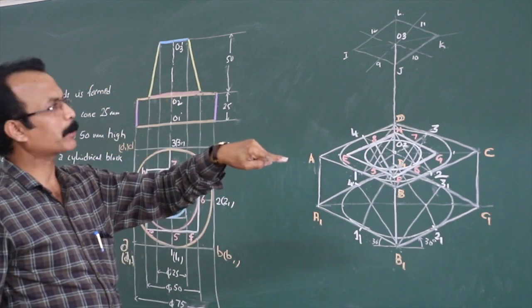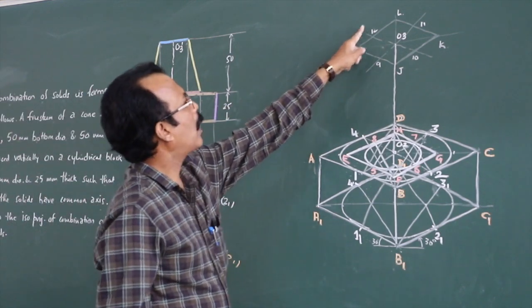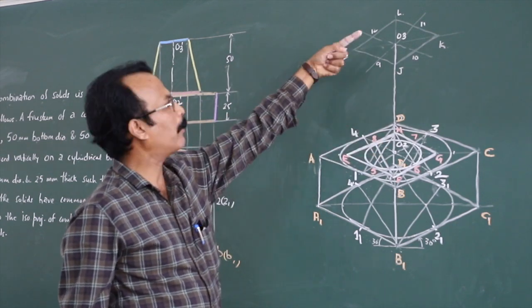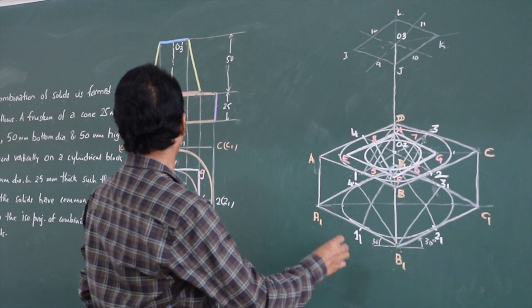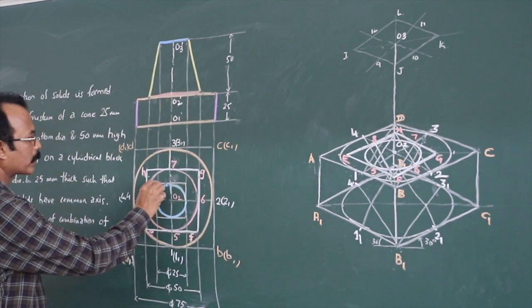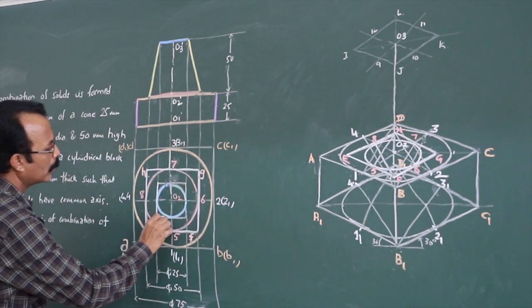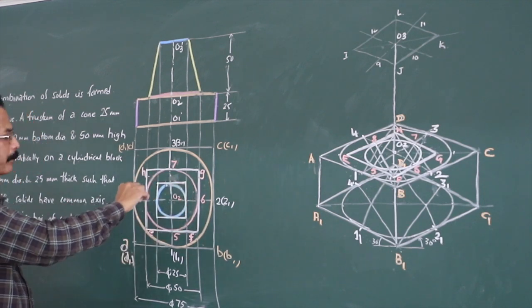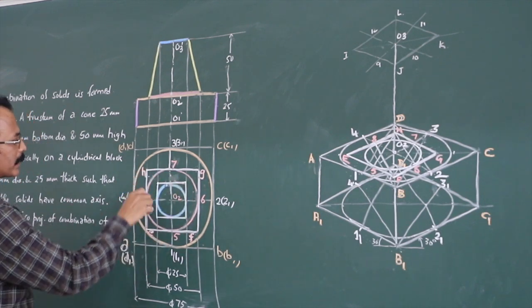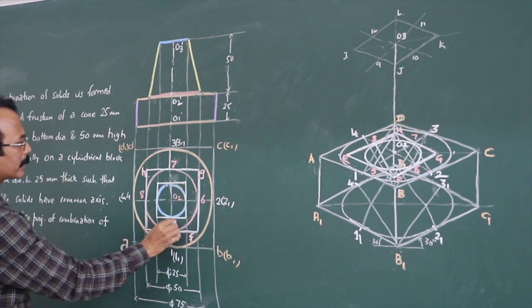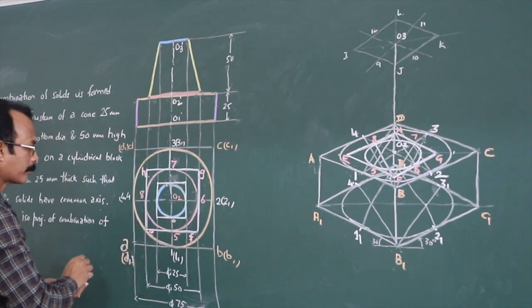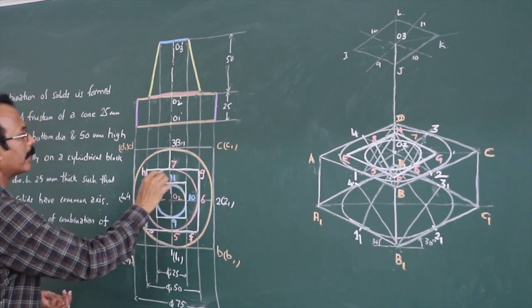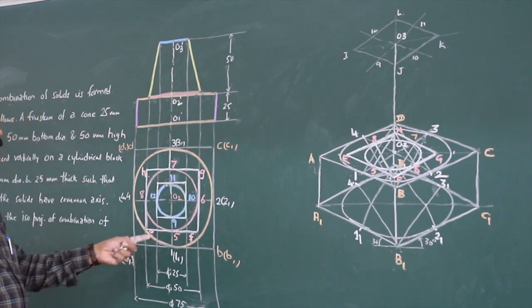Now in the previous problem you have learnt how to construct a square above a square, that is box above the box, right. So again you enclose this top circle in a box there, right. So if you wish 5, 6, 7, 8, you can call these as 9, 10, 11, 12, right.